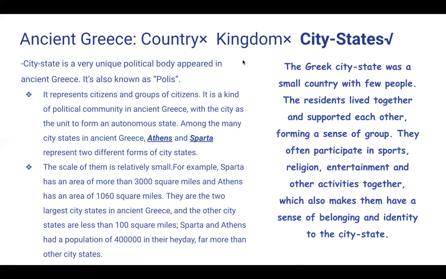Normally city-states have two broad classes, citizens and slaves. Slaves have some power, but they really have much less power than the formal citizens.